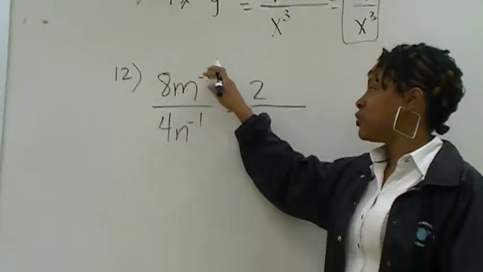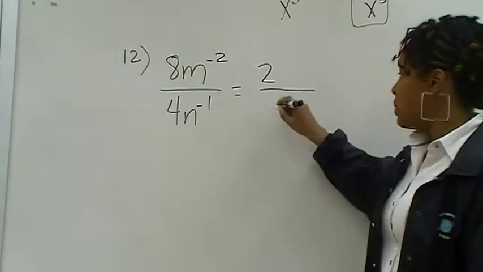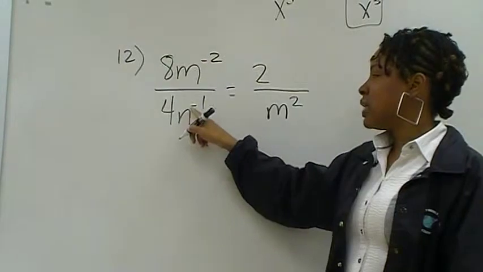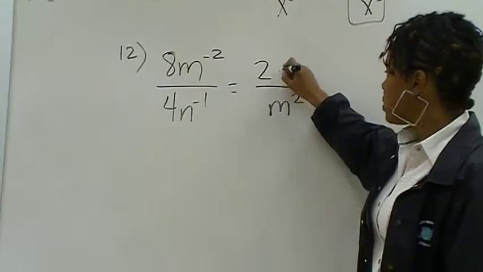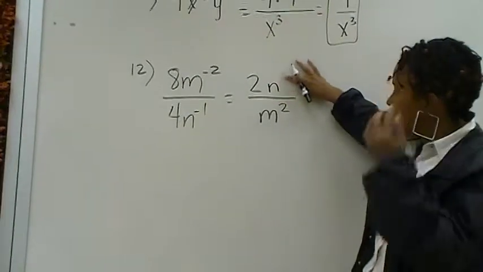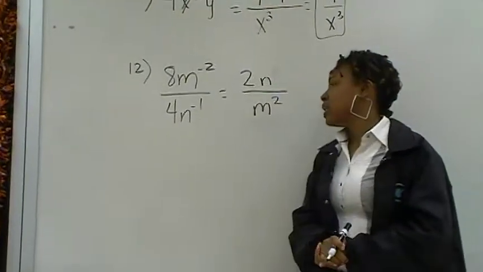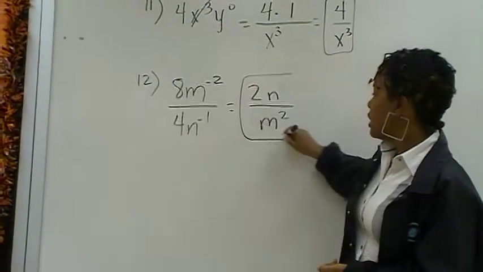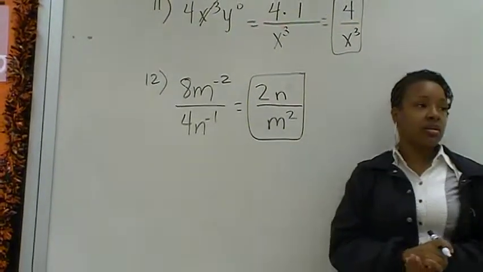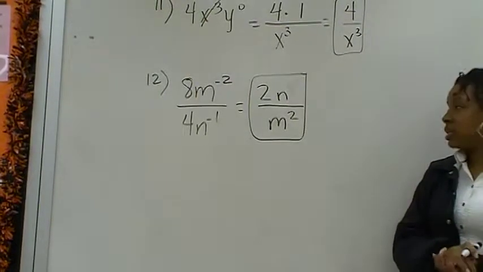M to the negative 2, we want to move that to the bottom so that it could be positive. M to the negative 1, we're going to move that so it can be positive. You don't really have to write the 1. We don't write the 1s. And that's it. Once you have all positive exponents and there's nothing to be simplified, that's it. It might look funny, but it's done.